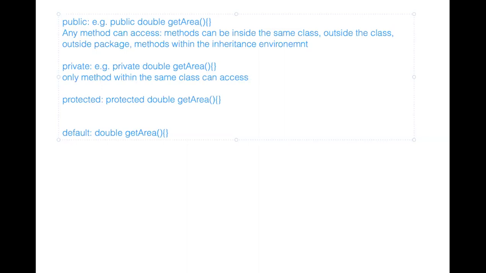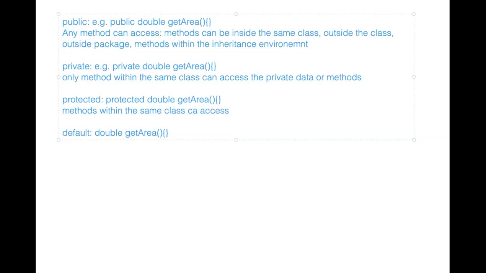Only methods within the same class can access the private, no matter data or methods. Okay, private has very limited accessibility, and the protected, so methods, of course, within the same class can access.